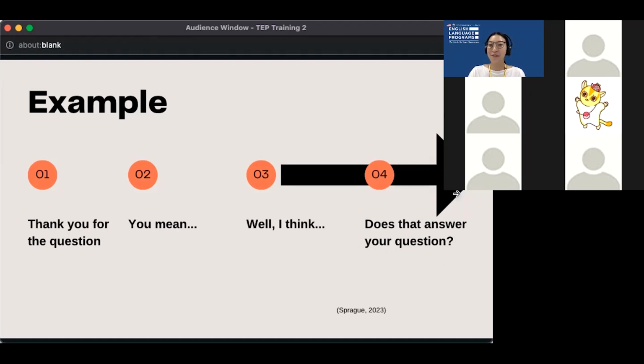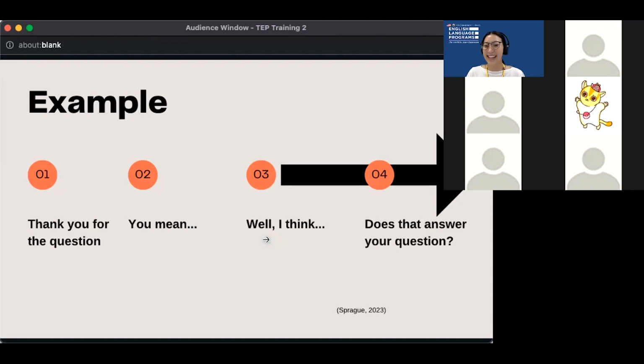So for example, going back to the beginning, one of the questions I asked was, what is your favorite plant, tree, or flower? I would say, thank you for your question. You mean, what kind of plant do I like or is my favorite?